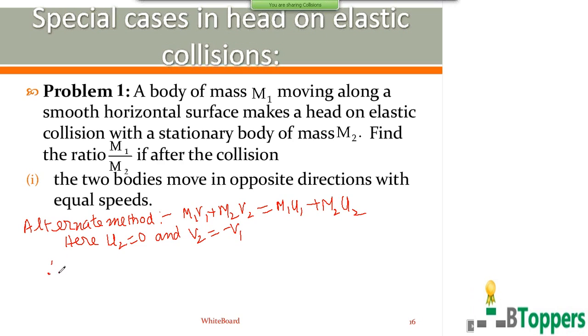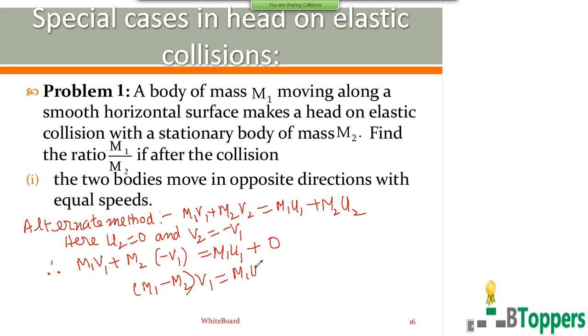Therefore you get m1 v1 plus m2 into minus v1 equal to m1 u1. The second term on the right side becomes 0. So you get (m1 minus m2) into v1 equal to m1 u1. You can call it equation number 1.